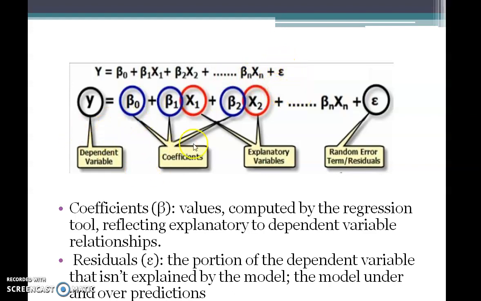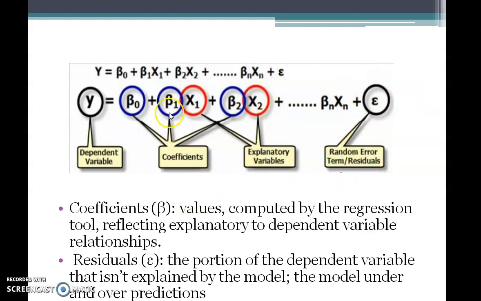Each term is explained here. y is the dependent variable and there are multiple independent variables in the expression. Beta is the regression coefficient used before the independent variables, and this last term is the random error.